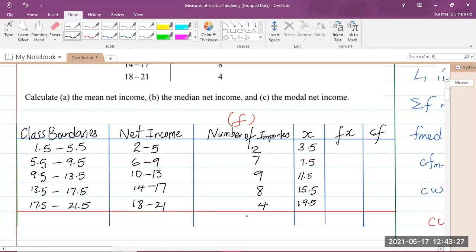Now that we have the midpoint, which is x, let us calculate fx. So fx is basically multiplying the midpoint by the frequency values.